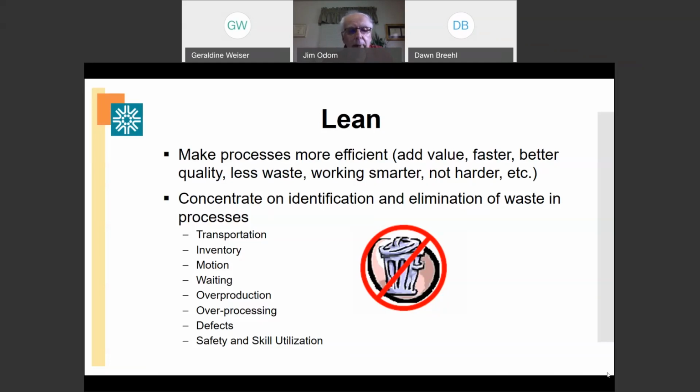So anywhere that there's waste or variation, because we all know that customers like consistency, it has applications throughout, and a lot of organizations are getting the benefits of Lean Six Sigma.